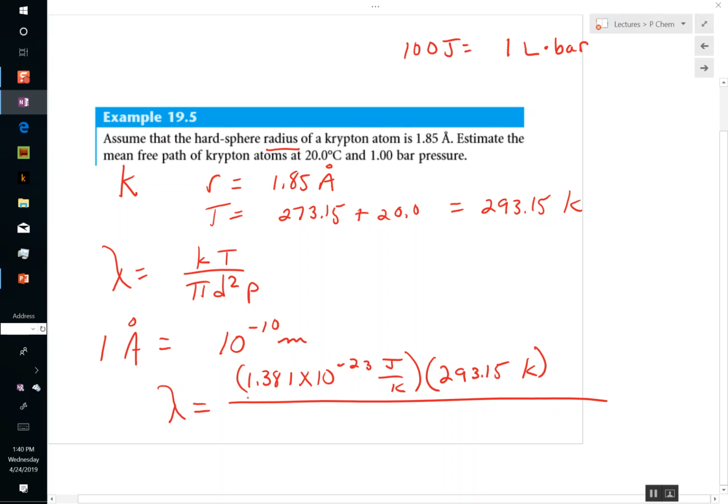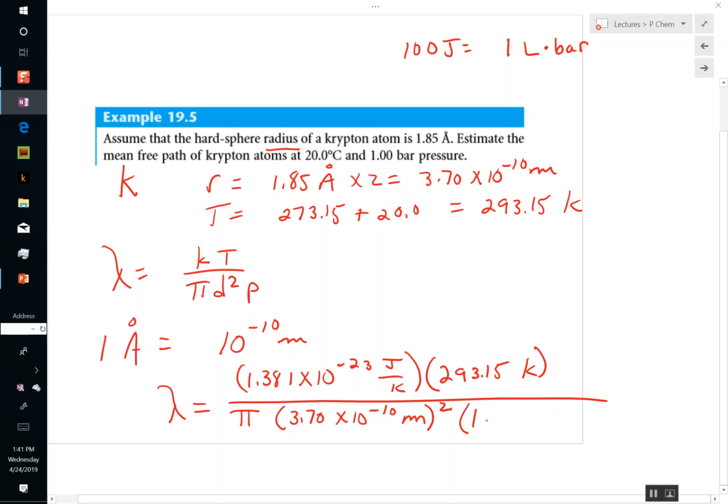So we're going to have pi, and d is 3.70 times 10 to the minus 10th meters, and we're going to be squaring that.